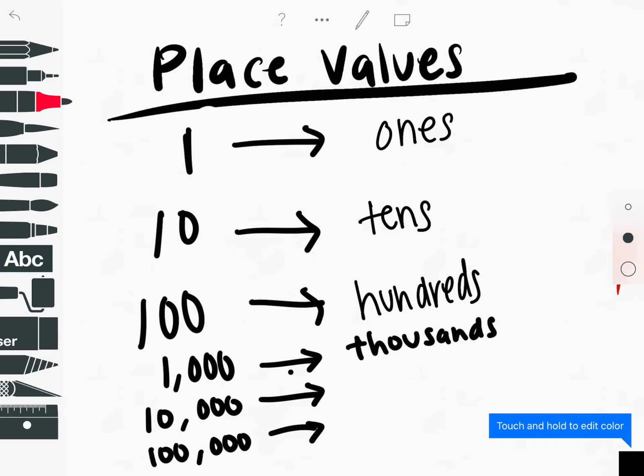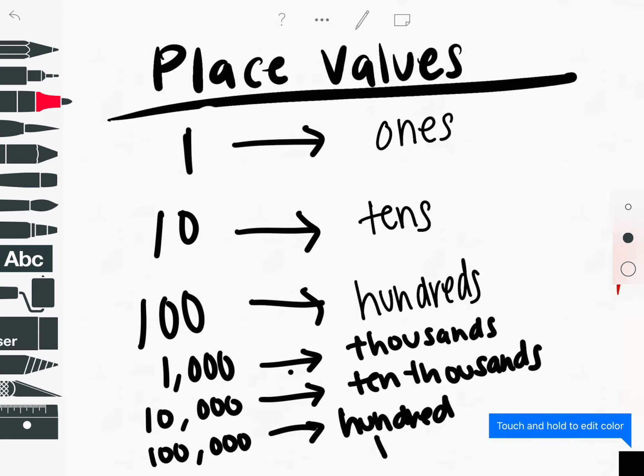What about the next one? We have 10,000s, right? And what about the third one? What about 100,000s? And next, we have one more.